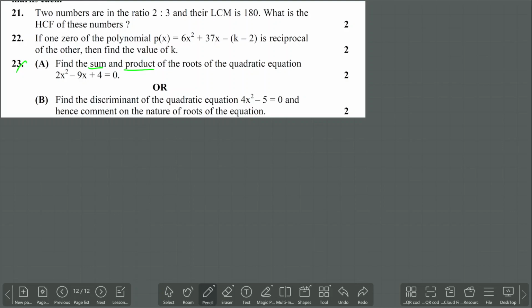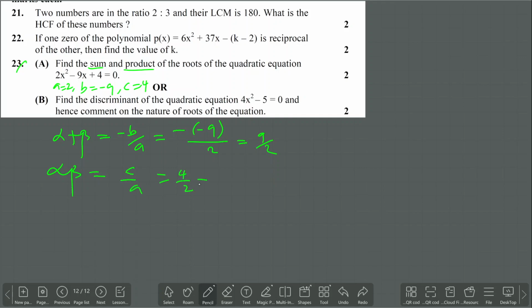How do you find the sum of the zeros? Minus b by a. See here, a value 2, b value minus 9, c value 4. Minus of minus 9 over a value 2 equals 9 by 2. That's it. Alpha into beta, the product of zeros, is c by a. So 4 by 2 is equal to 2. Answer over. 2 marks. Understand?